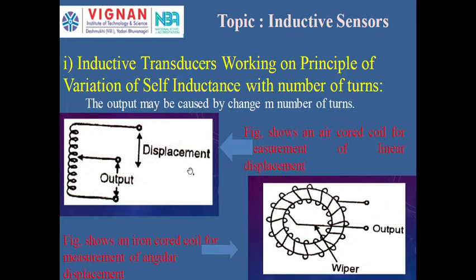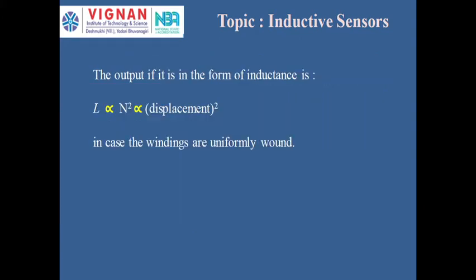If you are able to measure that induced EMF, it is proportional to the number of turns, which is proportional to the displacement applied. So like that we can measure the displacement of the coil by using these inductive transducers, whose principle is based on variation of self-inductance with number of turns of the coil.